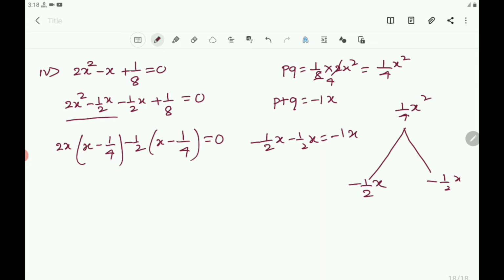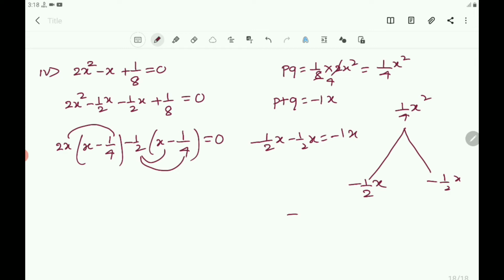2x into x minus 1 by 4 minus 1 by 2 into x minus 1 by 4. You know that 2x into x is 2x square. And 2x into minus 1 by 4 is 1 by 2, that is 2x into 1 by 4, 2 ones are 2, 2 twos are 4, you will get 1 by 2. Next 1 by 2 is outside. 1 by 2 into x is 1 by 2x.